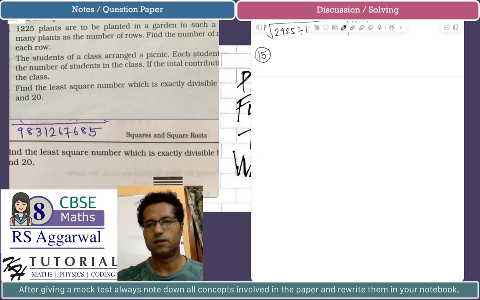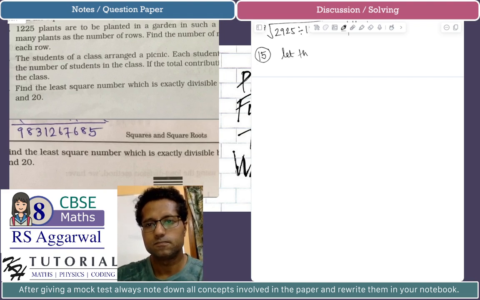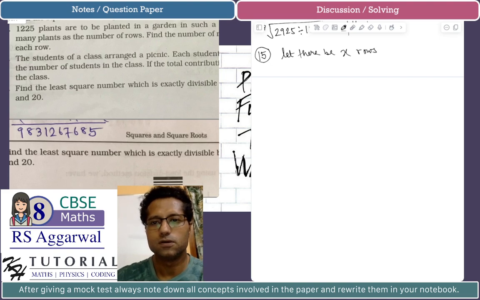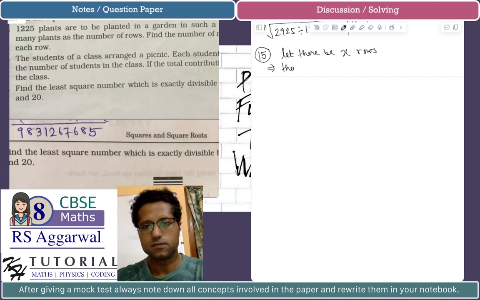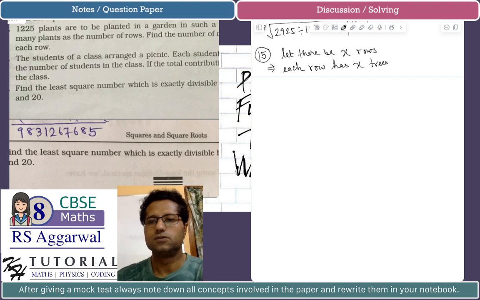So if there are, let's say, x rows, this implies each row has x trees.